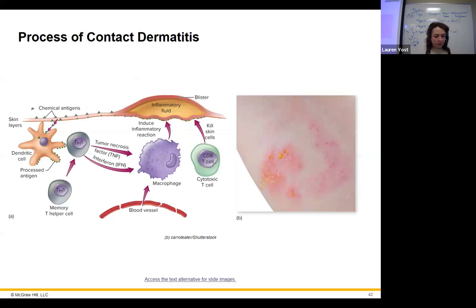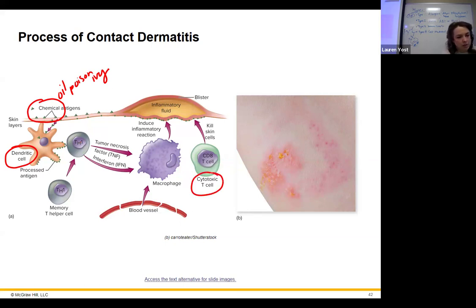What happens is you have dendritic cells in your skin. So it's just like macrophages in your skin. They recognize whatever that agent is. Let's say that it is oil from poison ivy, from those leaves, and it binds with that and presents it, and it interacts with the helper cell, and the helper cell helps to activate macrophages and cytotoxic T cells that are going to go and interact with any skin that has those molecules on it, because it sees that as a foreign invader inside of the self.